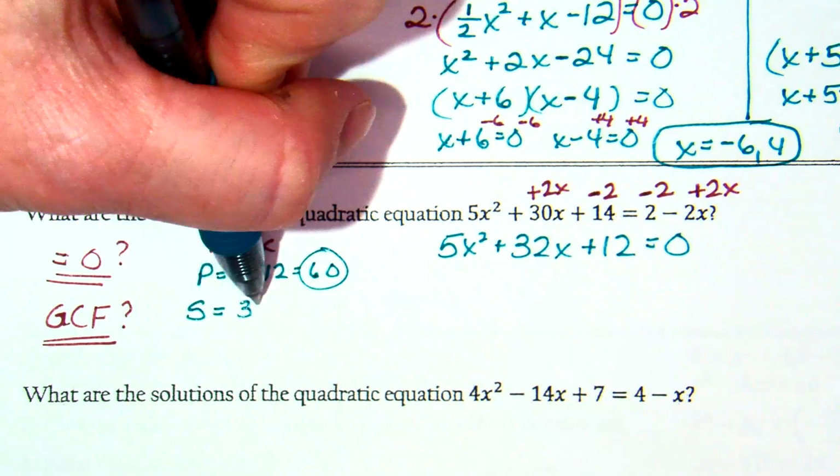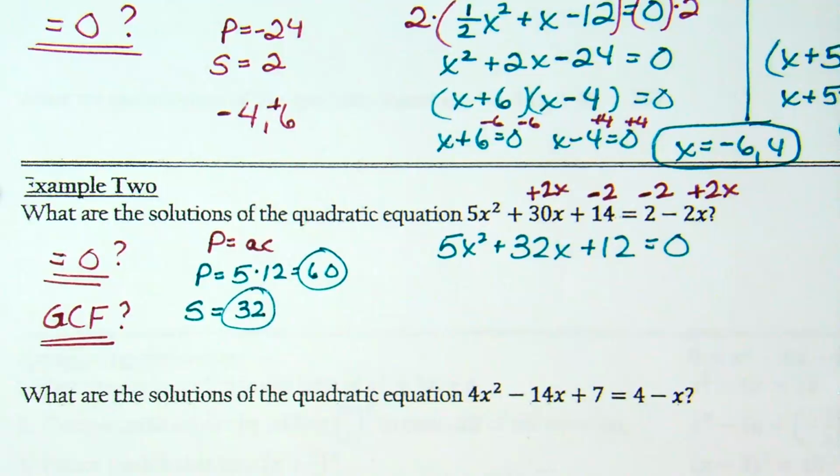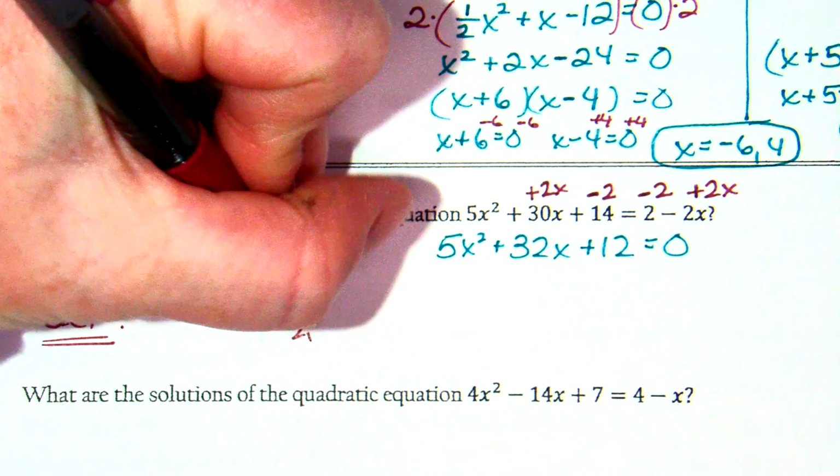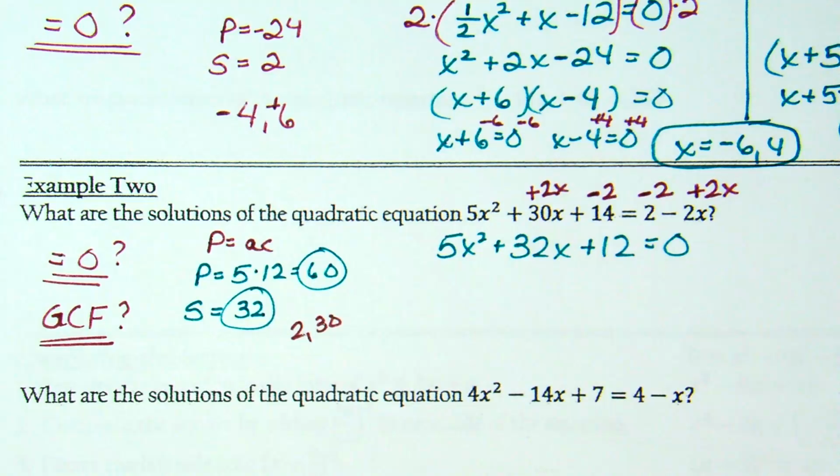So I need a product of 60 and a sum of 32. What can we come up with here? Almost sounds too easy, doesn't it? No, it's 30 and 2.